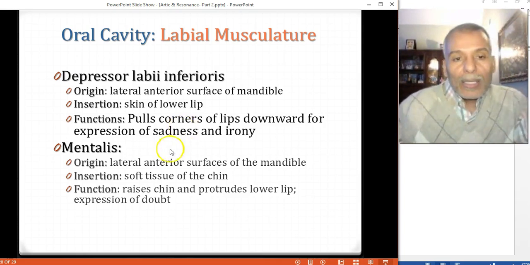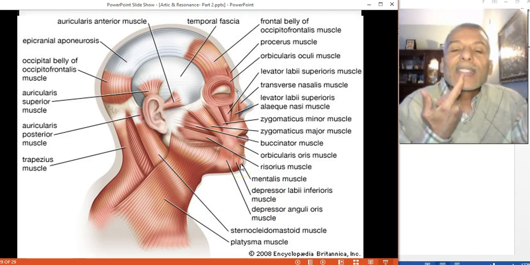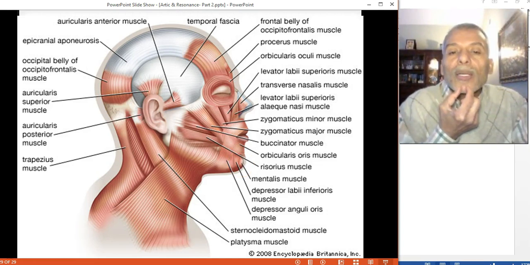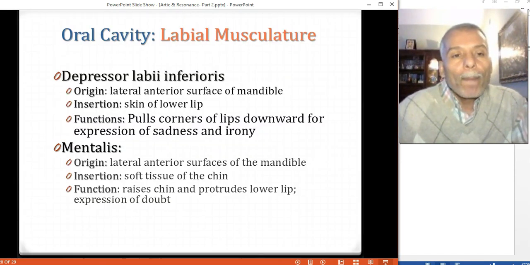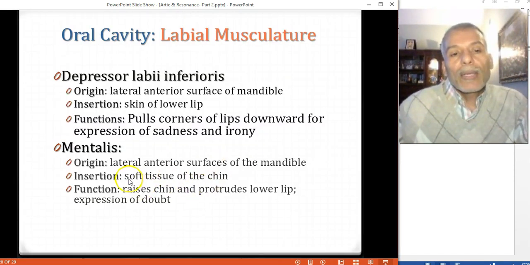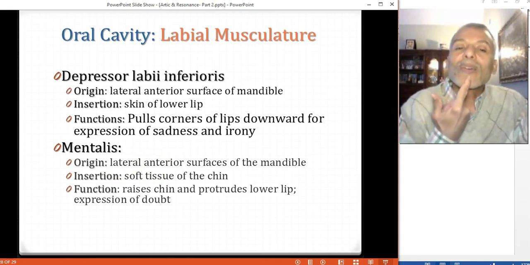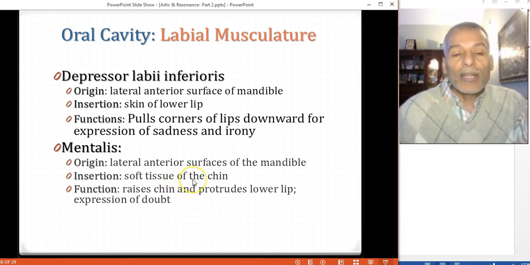The mentalis muscle is right in the center here, of the center of the lower lip. It originates on the lateral anterior surfaces of the mandible in the front here, right beneath the center of the lower lip, and it inserts onto the soft tissue of the chin.